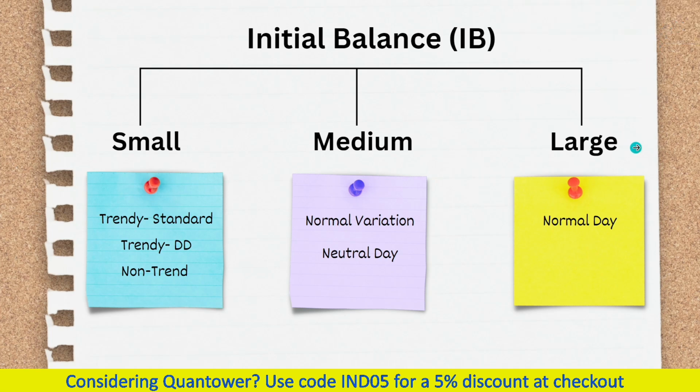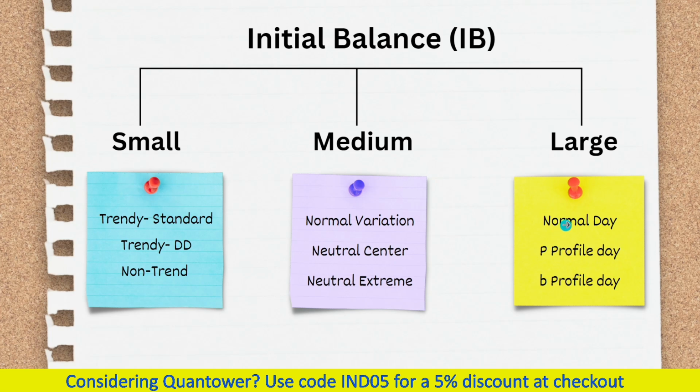So I hope you understood. So now let's move on. If you see, this is the broad category which we have seen, right? I said five variations: trendy, non-trend, normal variation, neutral, and normal day. But earlier I told you that some people say 8 types, 7 types, 9 types. Then how do they say this? Very simple.